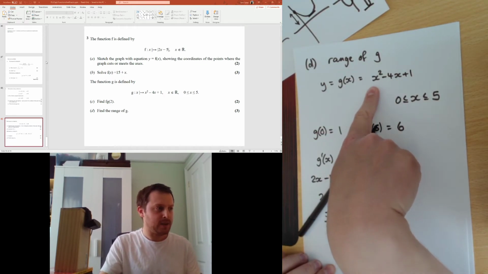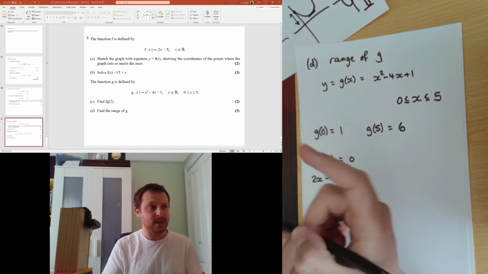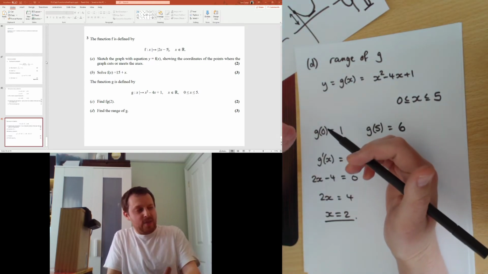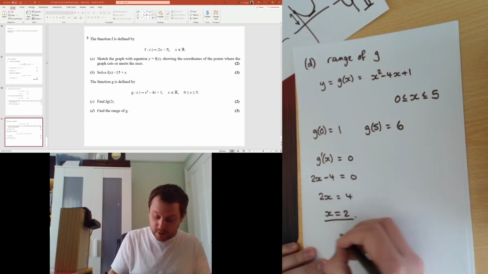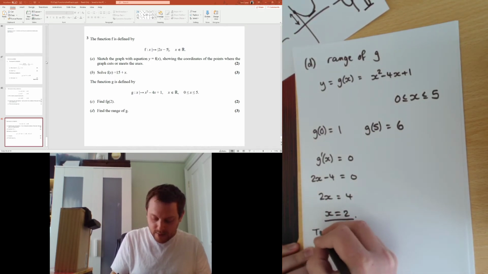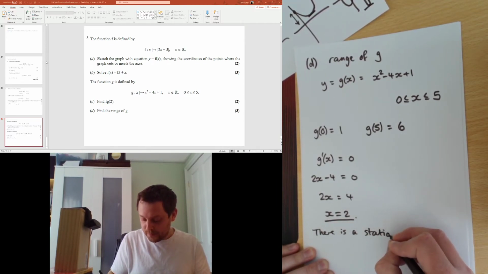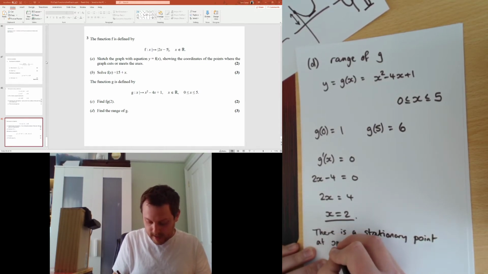So what I'm going to do is put x is 2 into this to work out that minimum. So I guess if I write, there is a stationary point at x is 2.